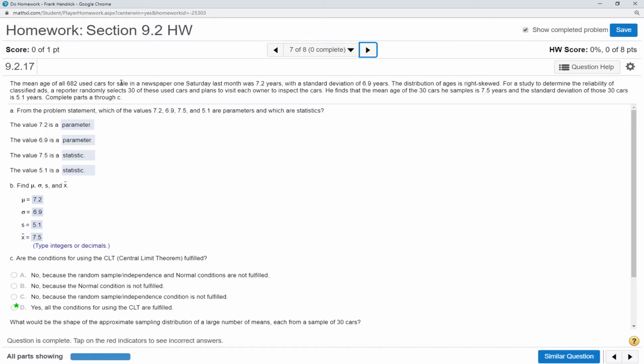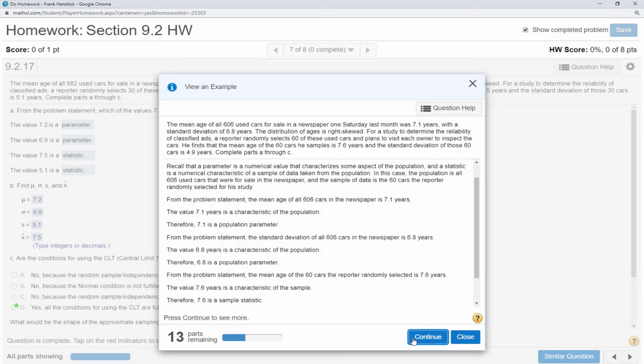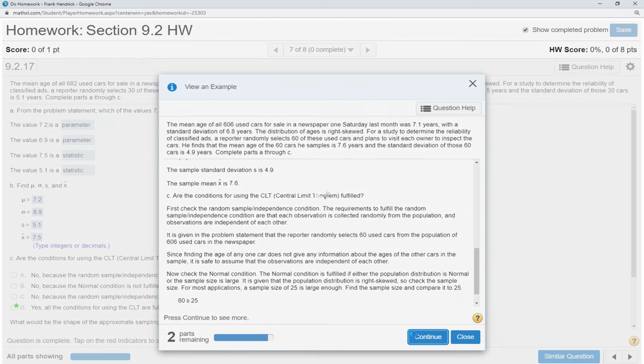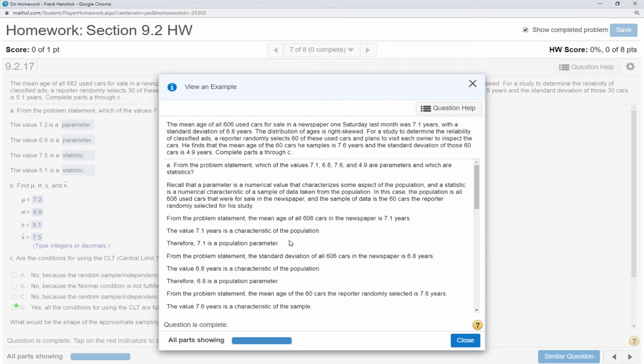Look at these again. Define these here. They gave us an example. Looking at this, the mean age of all cars is 7.1.